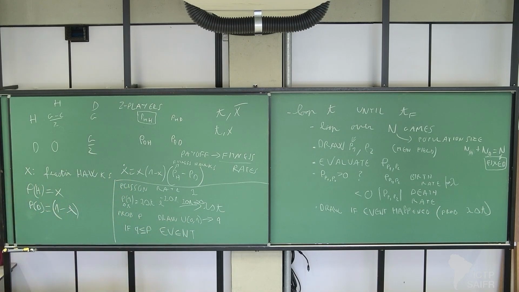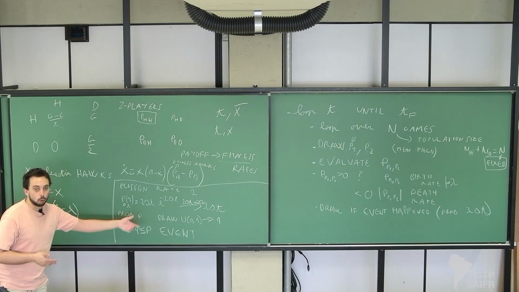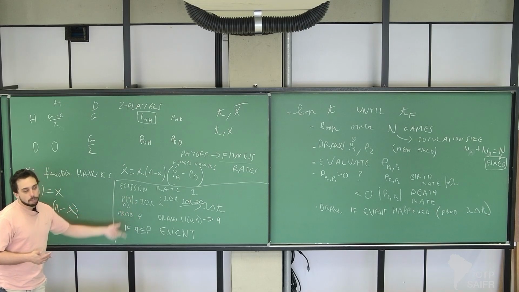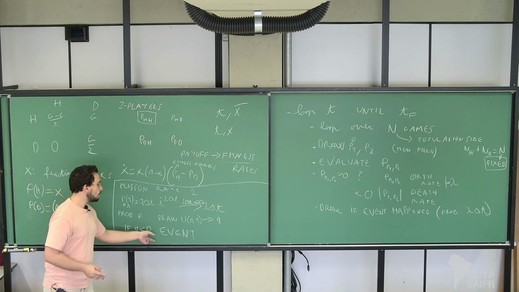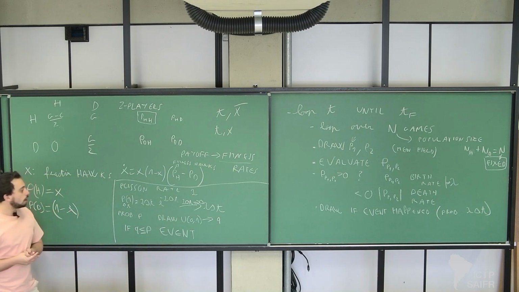But I mean, this is a detail. So if the probability is 1, you're always going to draw something which is below 1, right? Because you're drawing from 0 to 1. So this will always happen. If the probability is 0, you never draw something that is, well, okay, you may draw 0, but okay, it's a very rare situation. And so essentially this will never happen, which is what you expect from something that has probability 0. Okay?